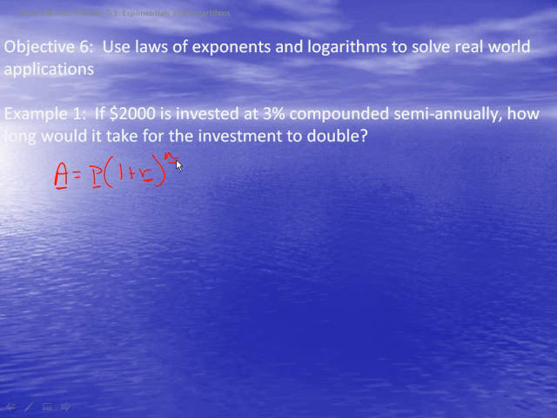All right, this problem takes a different twist because we're looking for our investment, our principal, to double. Well, if P is our principal and we want the amount to be double P, so that would be 2P is equal to P times 1 plus r to the nth power. All right, let's go ahead and put some numbers in here.